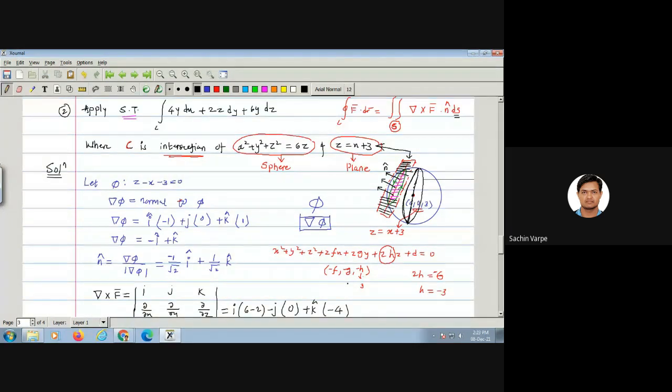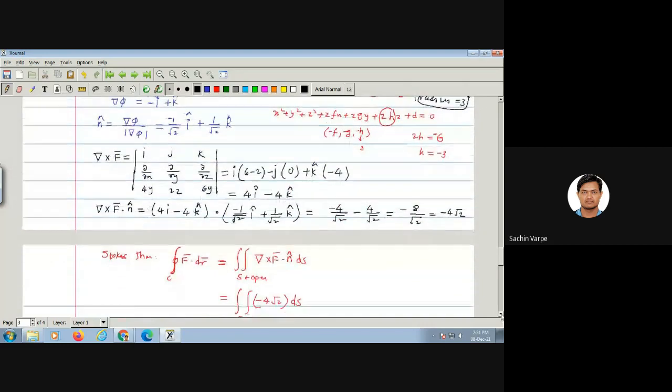Square root of f square plus g square plus h square minus d, equal to 0, na. एनीवेज वो सब आप देख लो. Here radius will be 3.